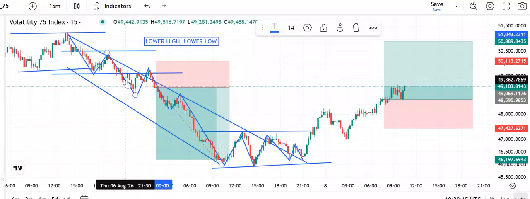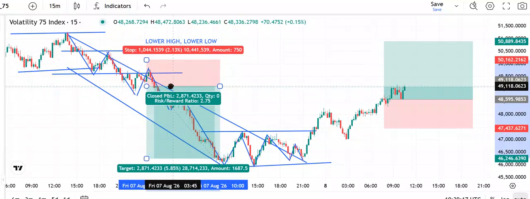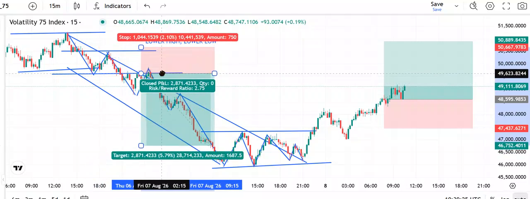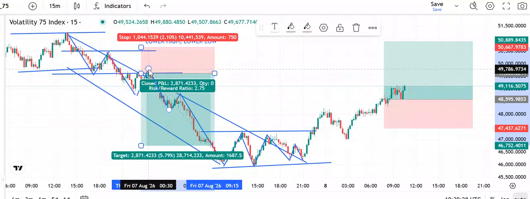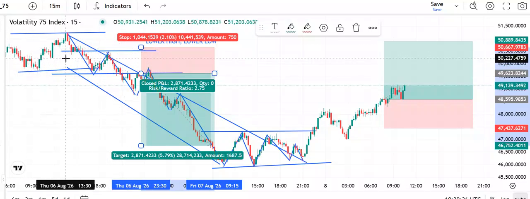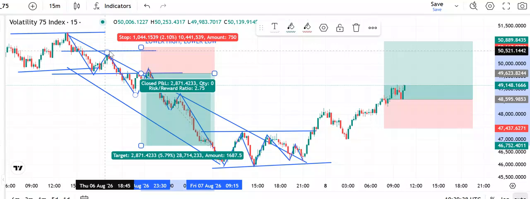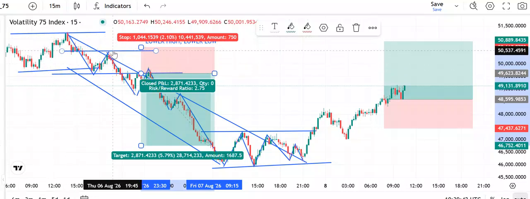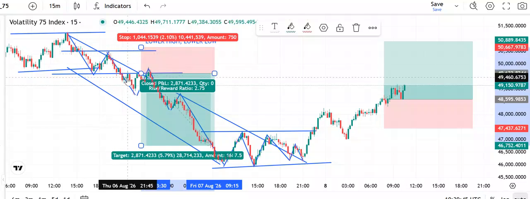So if you enter here, the stop loss will be equivalent of this pullback. You enter this pullback to sell. This is the first pullback. You need this first pullback after the range breakout. First of all, range breakout, wait for the first pullback, then wait for break of structure.